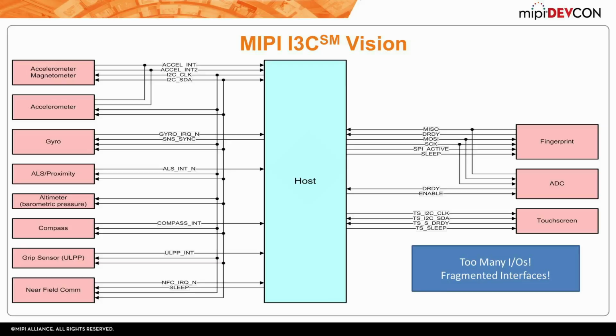You have 2 lines for I2C, but you also have interrupt lines dedicated to these sensors, connected to specific GPIOs. You have maybe some synchronization signals coming in to synchronize data collection across the platform between the sensors, and maybe some enable/disable interrupts or data ready interrupts.